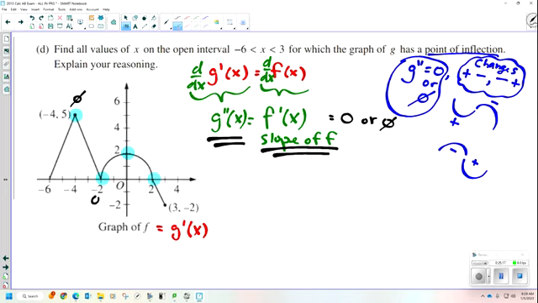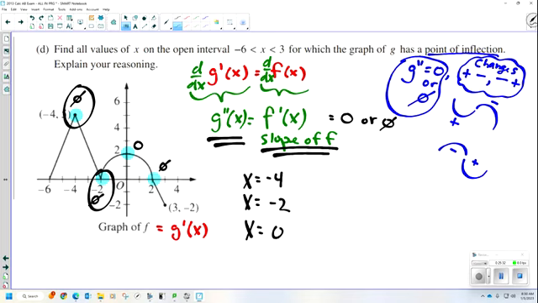My slope is undefined at -2. My slope is actually equal to 0 at x is 0, and then it's undefined at 2.